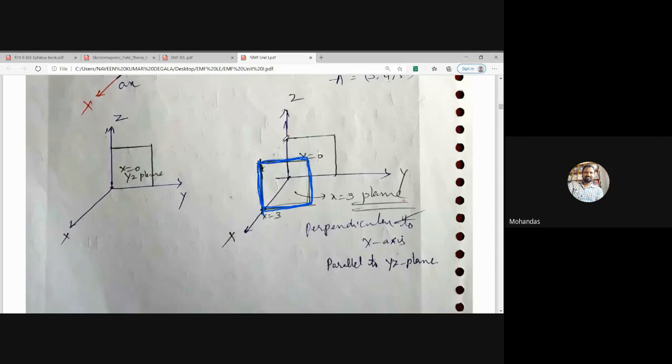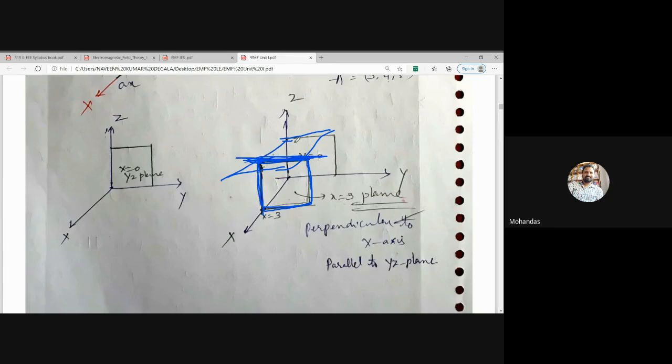X is varying and z is varying. Finally, they will intersect at a common point, right? Can you guess what the intersection of these two is here?